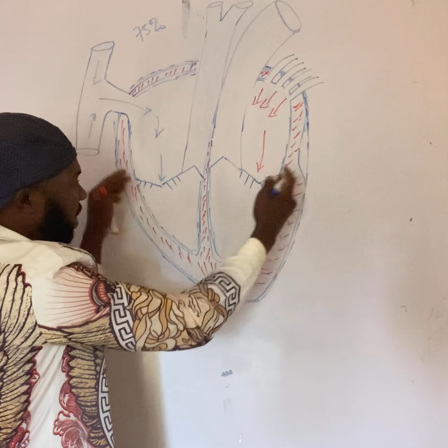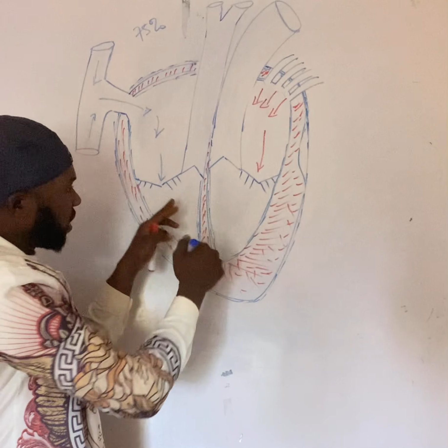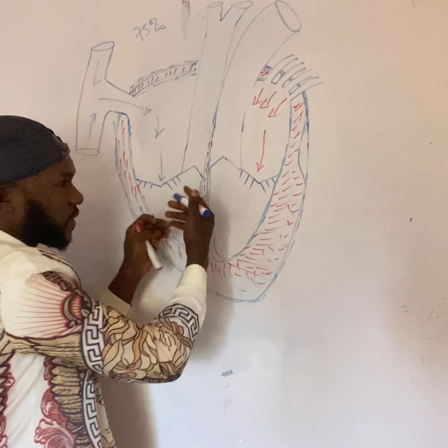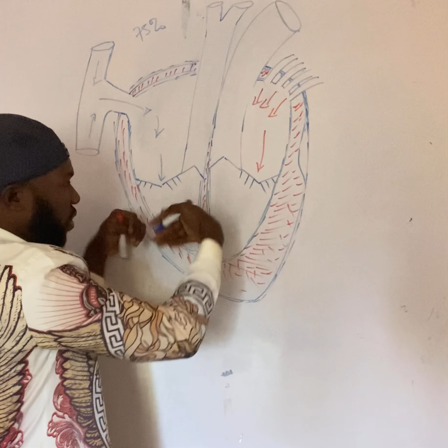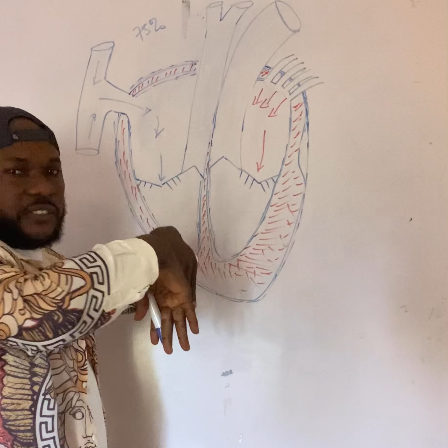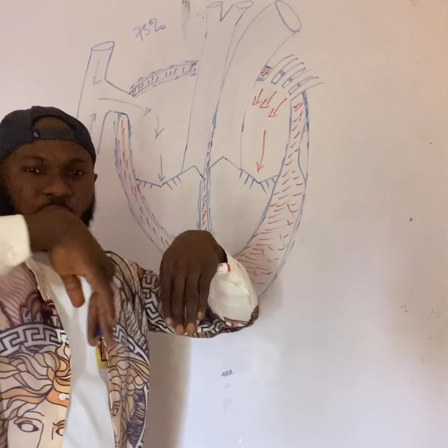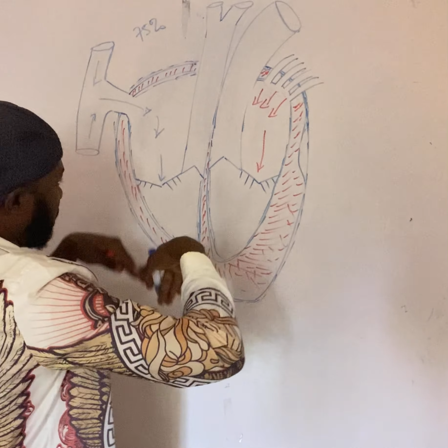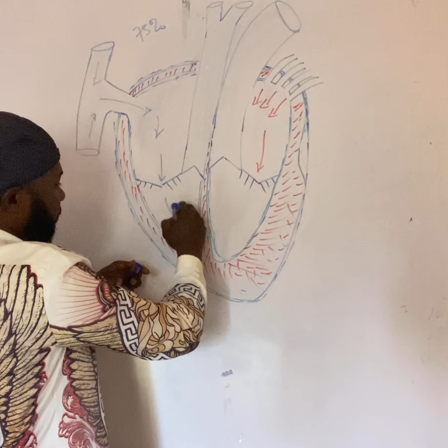So the kick helps this valve to open. This valve that we call the tricuspid valve will open. The valve is like this. The valve will open. And when the valve opens, the blood enters here.